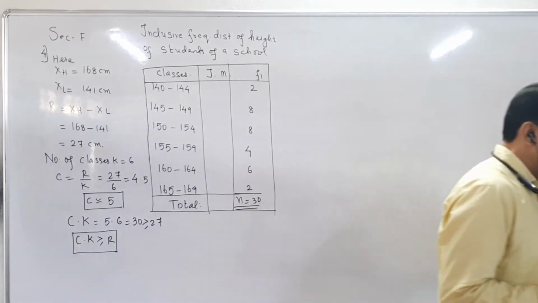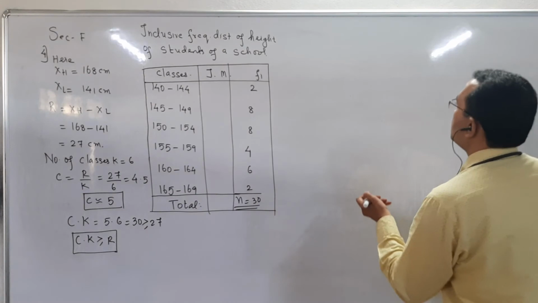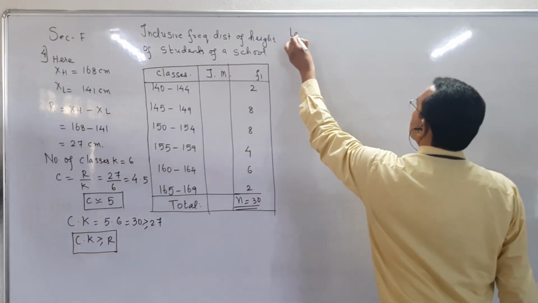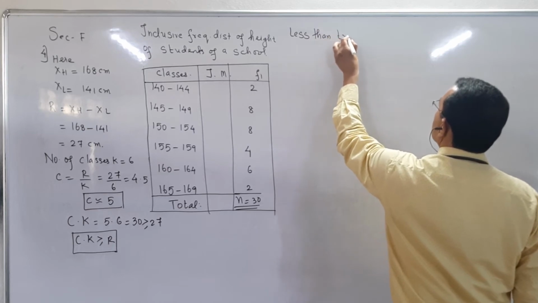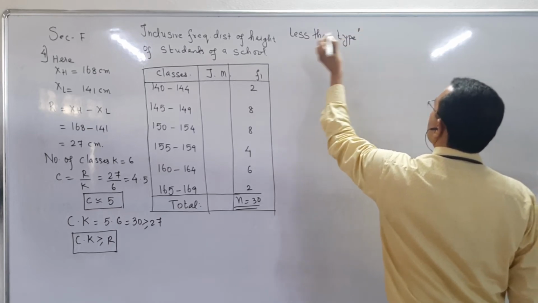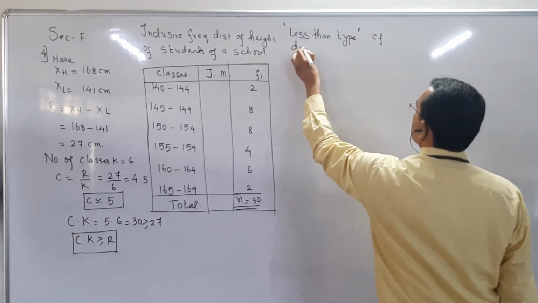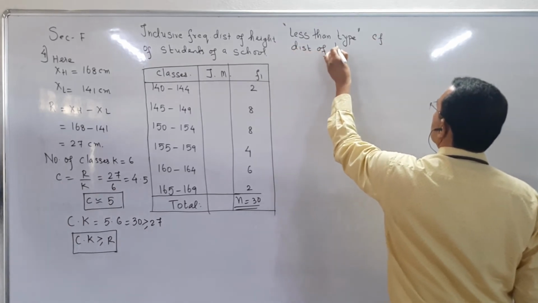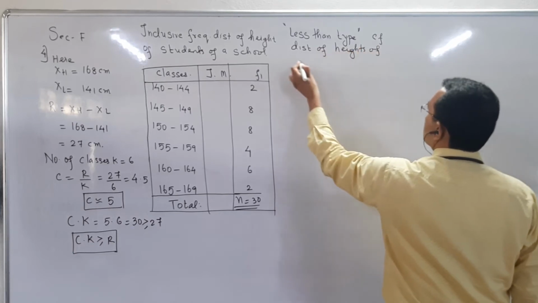So we will give the heading less than type cumulative frequency distribution of heights of students.